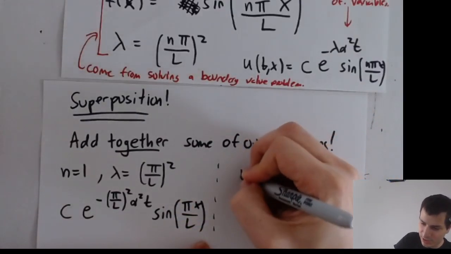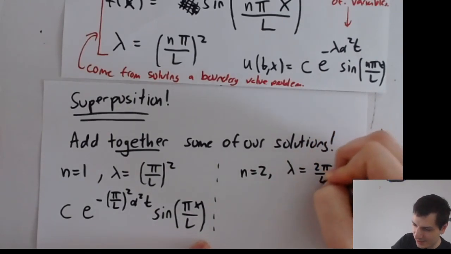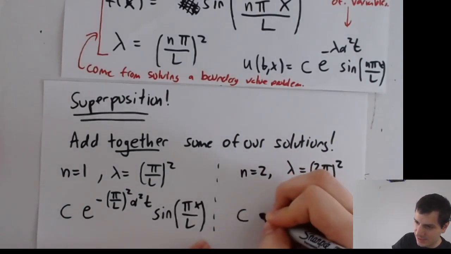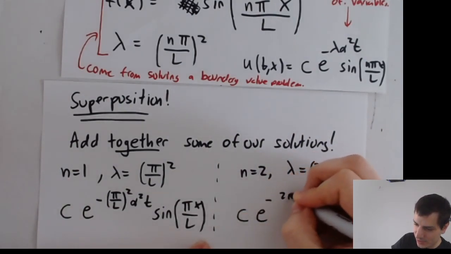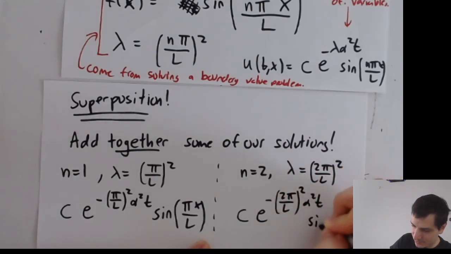Here is a different solution. When n equals 2, we have lambda is 2 pi over L squared, and the solution is c times e to the minus 2 pi over L squared alpha squared t times the sine of 2 pi x over L.